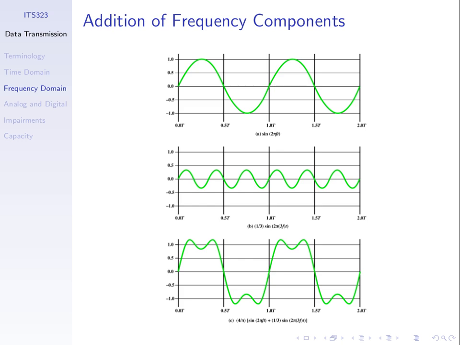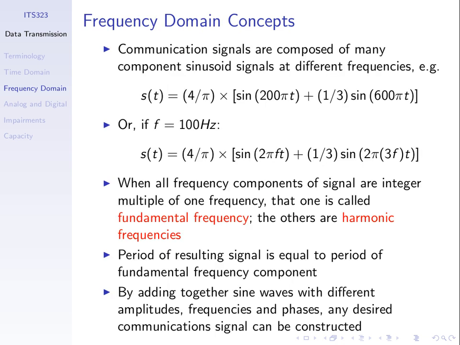This plot, and it's not so clear in your printouts, the top one shows S1 of t, the second one S2 of t, and the bottom one is the summation, that is S of t. The difference is, in the example we're using a specific value of f of 100 hertz.